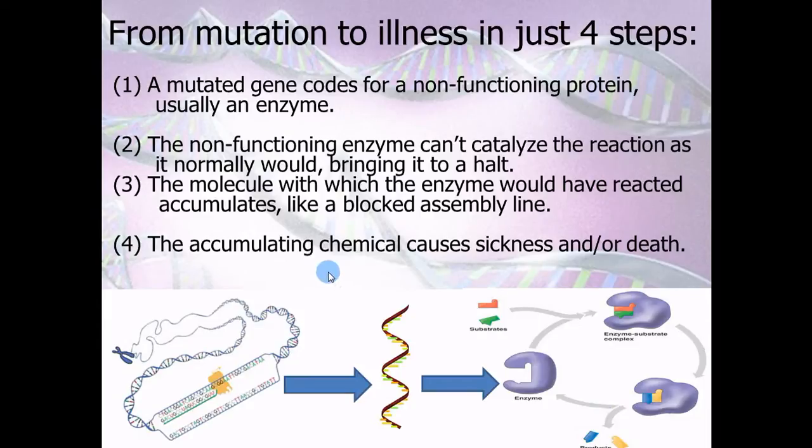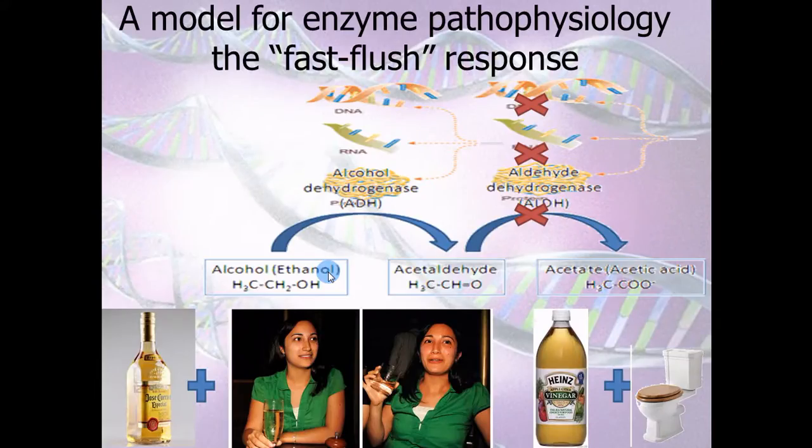Right? So let's give another example. This is kind of more of an inconvenient, not usually lethal, but a model enzyme for pathophysiology would be something called the fast flush response. And this is kind of interesting because we talked about this pathway a little bit before, where you drink alcohol, alcohol meets up with an enzyme that turns into acetaldehyde. Okay?